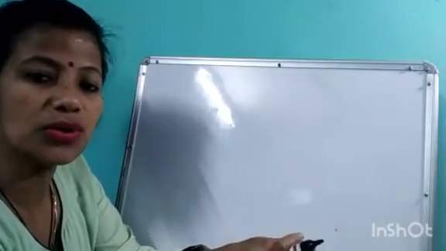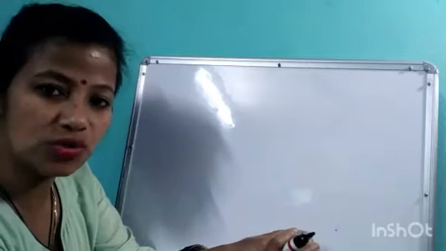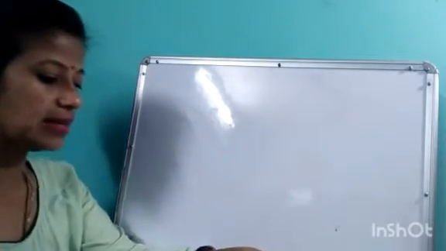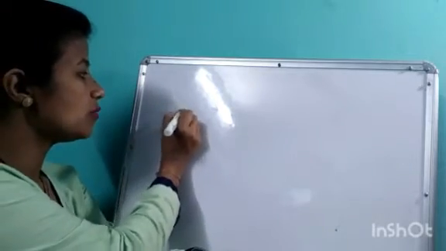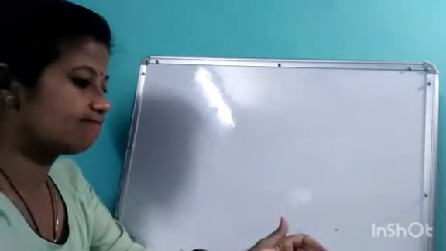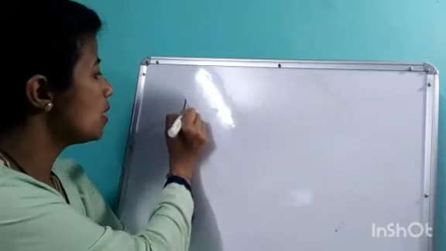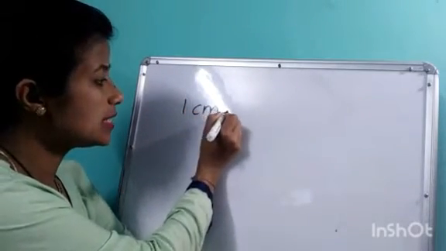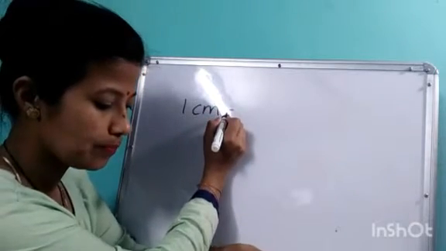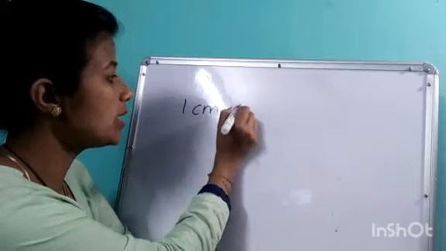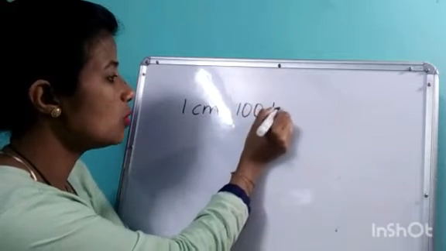In the last video, you had to do one numerical question, which was: a map has a scale of 1 centimeter is to 100 kilometer.